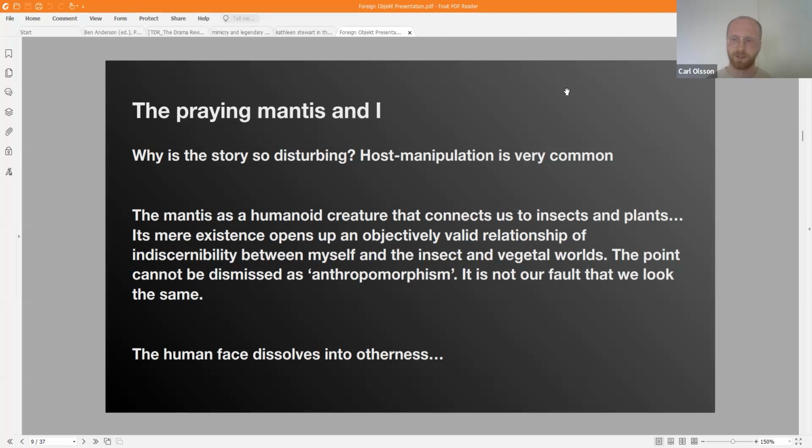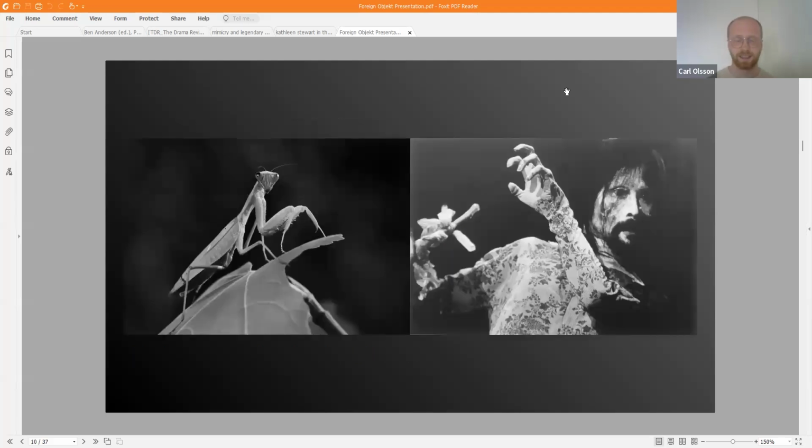It's simply that there are certain coincidences in nature, certain solutions, such as having a protruding face and forward-facing eyes, that tend to be good solutions for surviving across vastly different situations. So as the human face dissolves into otherness, we might perhaps see the resemblance. Here is an image of a praying mantis and Hijikata Tatsumi, who I'll be talking about a little bit later.